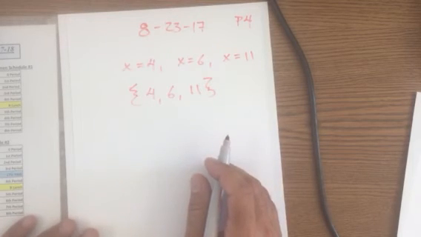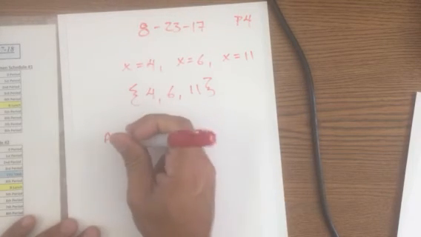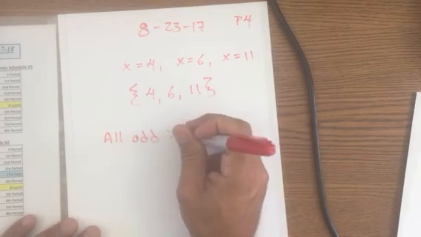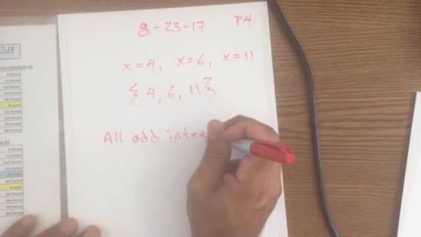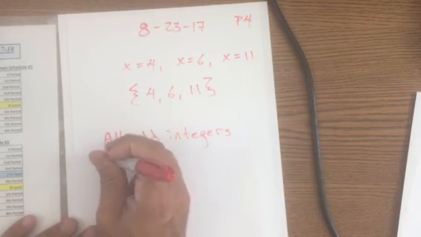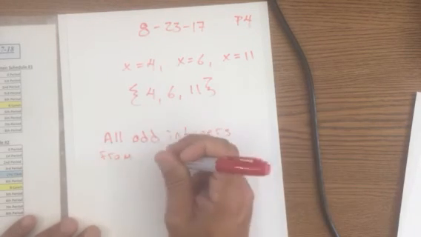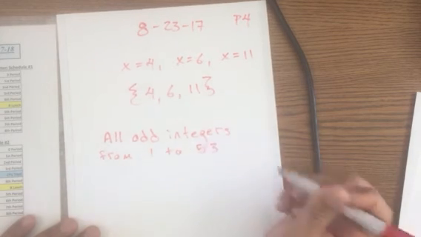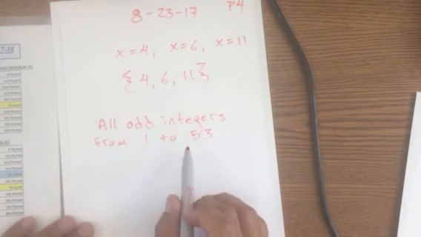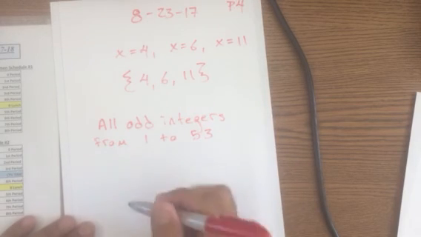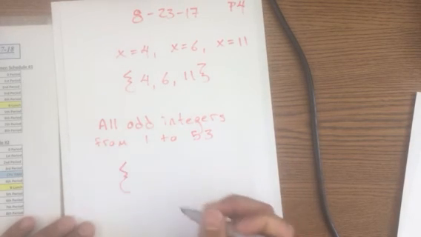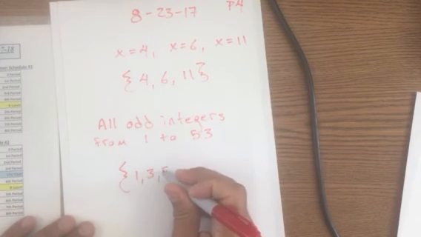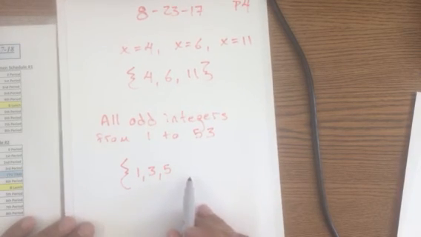Every once in a while, there will be a pattern where it keeps on going forever. So like if it told me it was all odd integers from 1 to 53, I don't want to write all those numbers out. So I can establish a pattern by writing the first 3. So the first 3 would be 1, and then 3, and then 5. Now I have a pattern established.